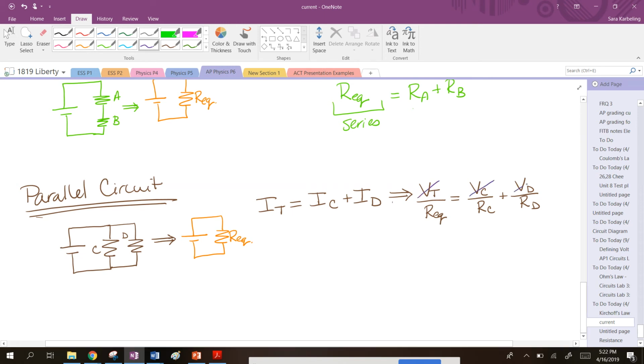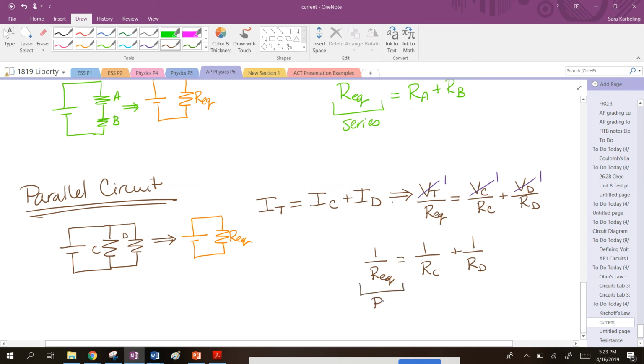That does not just get rid of them because they're all in fraction form, these are going to have to turn to ones, okay? But we can write this now as 1 over REQ is equal to 1 over RC plus 1 over RD. It's a little bit uglier, but it's the same sort of situation.